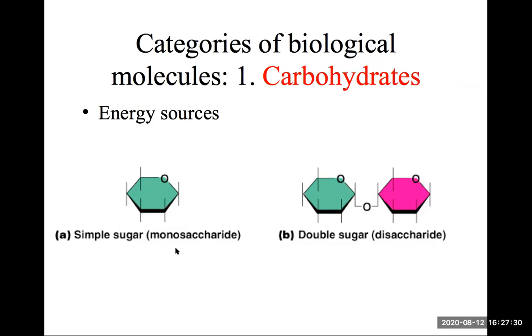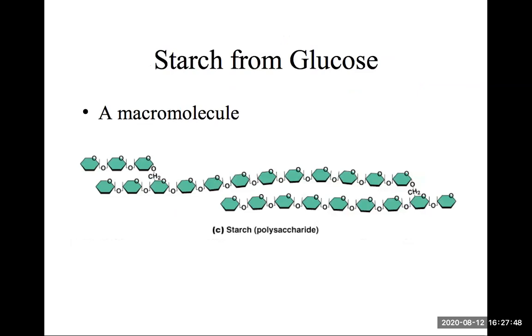So you can have very simple versions of sugar known as monosaccharides. That would be something like glucose. Or you can go into slightly larger when you link 2 of them together, and that would be a disaccharide sugar. But a lot of our diet consists of these macromolecules made up of many of these repeated structures.